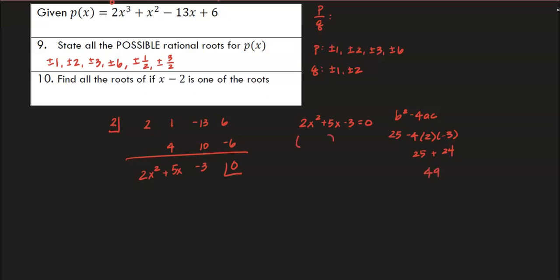Yes, it is factorable. So I'm going to do a 2x and an x. We have a plus 3 and a minus 1. So that's plus 6 minus 1. Yay. 2x minus 1 equals 0. x plus 3 equals 0.